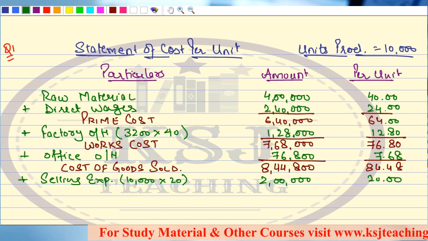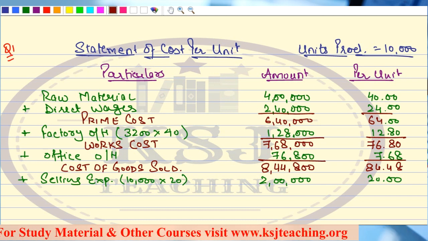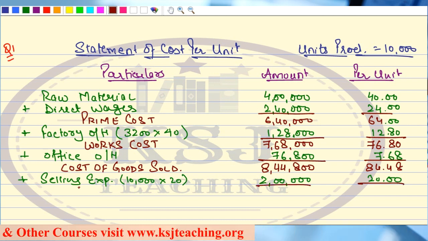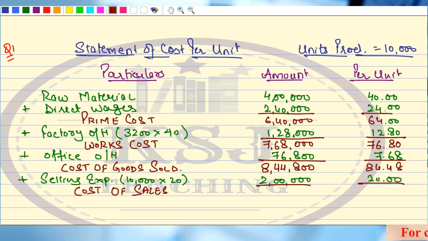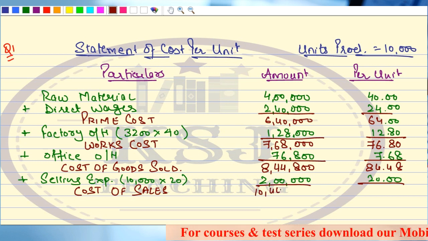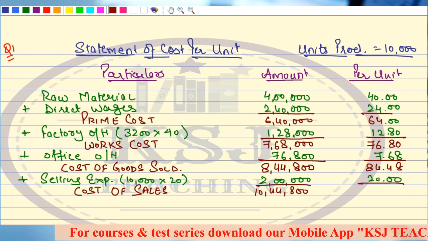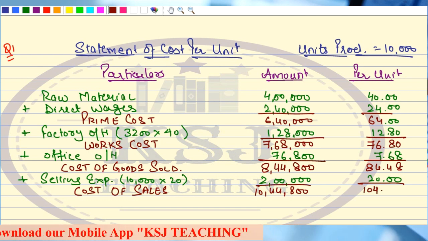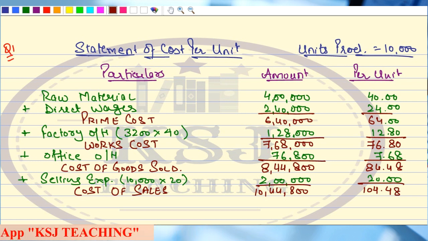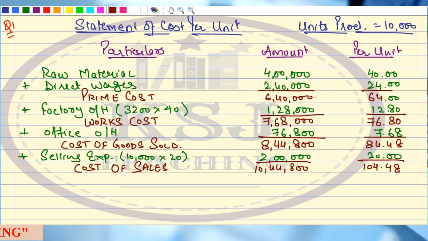Clear? From here what we are going to get is cost of sales, right? That is 10,44,800 and the price is going to be 104.48. Clear up till this point? Any doubts? I hope this is clear.